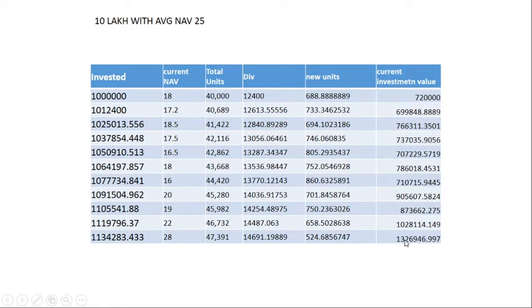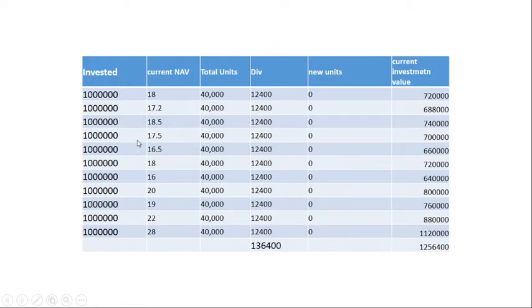So let's see the case where he is not reinvesting the dividend. In the same scenario, 10 lakh invested at an average NAV of 25, so he has 40,000 units. When the market is down, he is taking out the dividends, that means 12,400 per month.